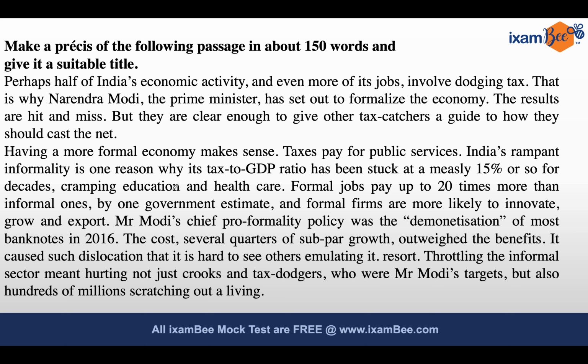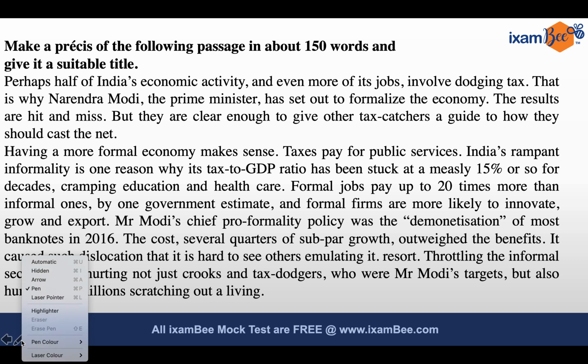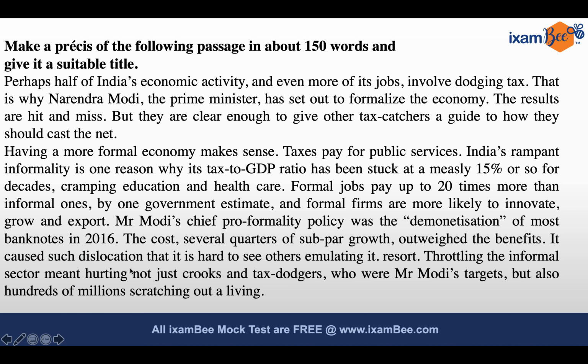Number one, why was it introduced? It was introduced so that the economy could be formalized. Number two, demonetization did not fare well. It had all the good intentions in the world, but it really hit hard when it came to the common people.